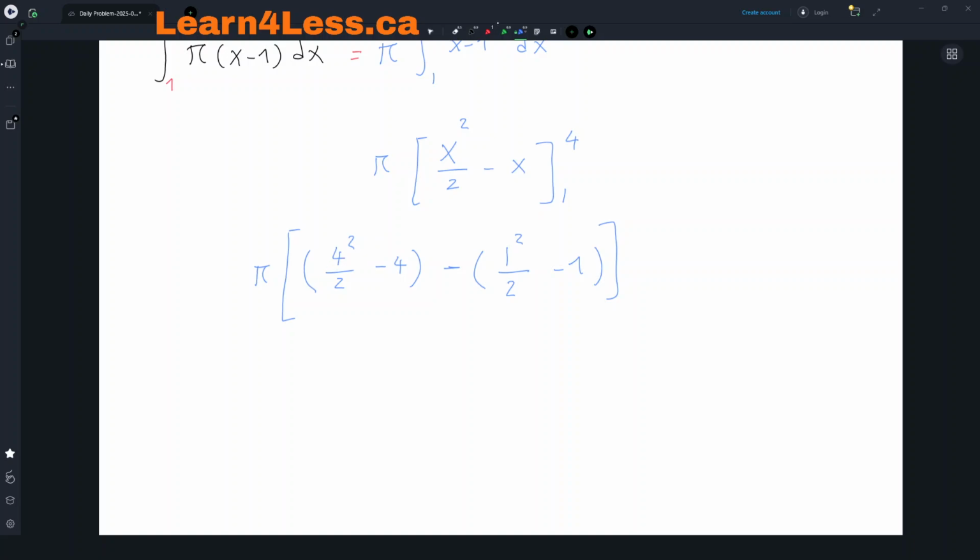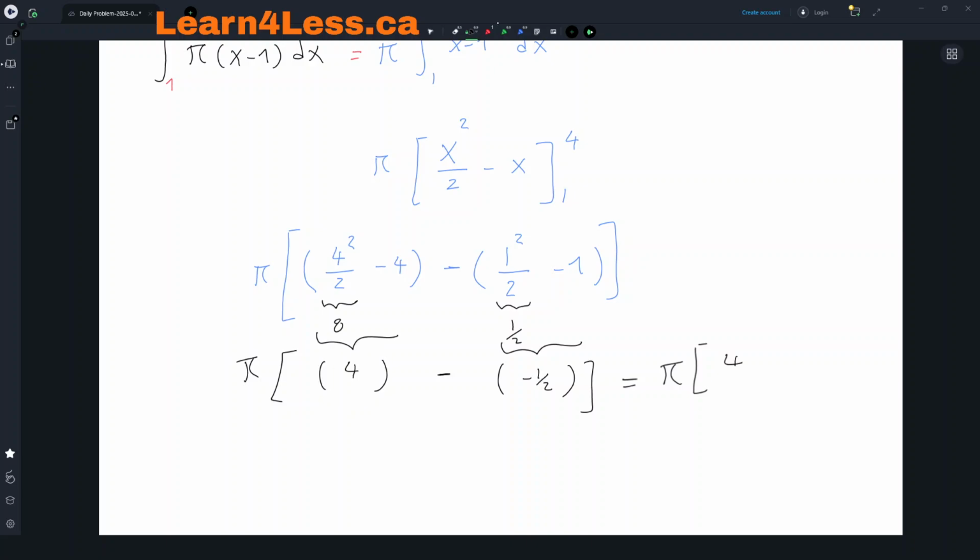4 squared is 16. 16 over 2 is 8. So this part is 8 minus 4, and this is simply half. So overall, 8 minus 4 would be just 4, and half minus 1 would be negative 1 half. And we have 4 minus negative 1 half, entirely multiplied by pi, which is pi times 4 plus half.